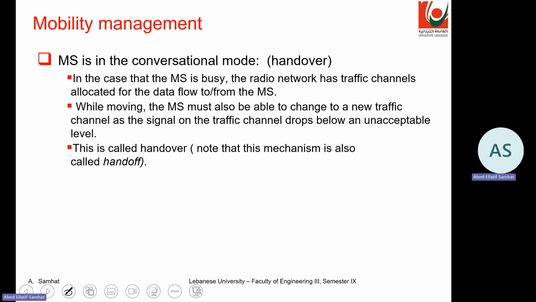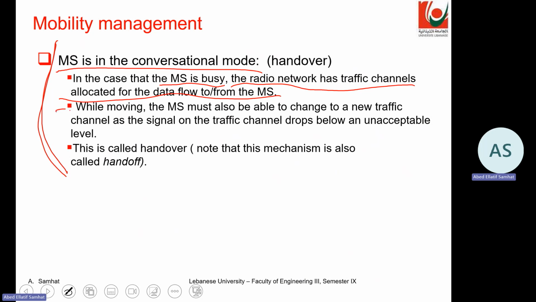There is the third situation where the mobile station is in conversational mode. In this case, you receive a call, you are within a call, maybe you call another person or you receive the call. So you are in conversational mode. In this case, the mobile station is considered as busy and the radio network has a traffic channel allocated for the data to and from this mobile.